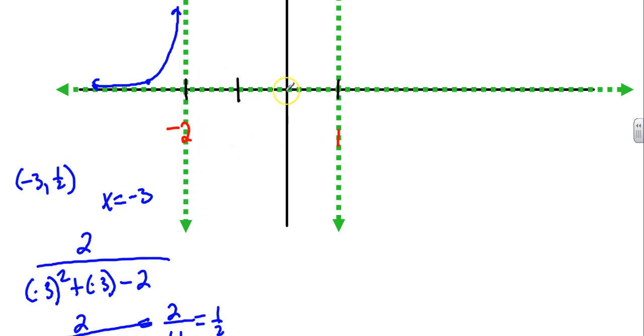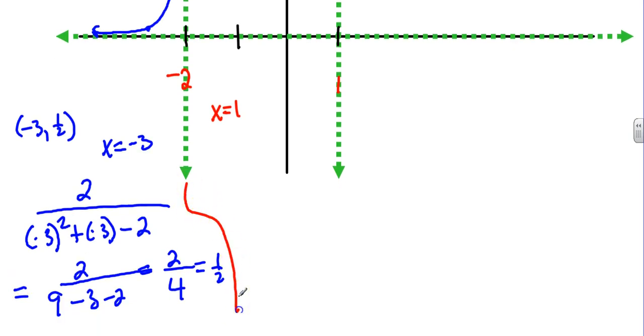Okay, for this line, I would say let's go with x equals 1 to see what's going to happen to the right side of the line. We've got 2 over 1 squared plus 1 minus 2. Wait, no, that's not right.